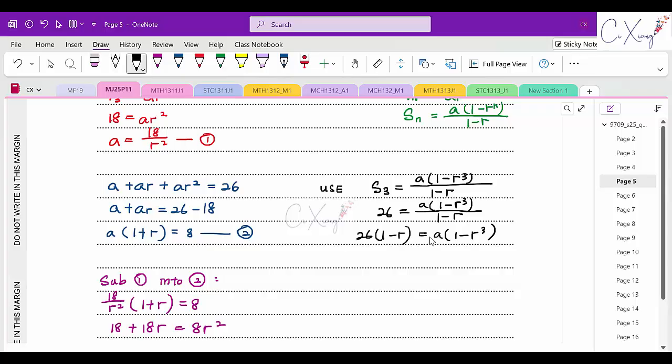But of course, you can still solve it, because according to the marking scheme, they did accept the method here, but they didn't show you how. When you substitute it inside and simplify, you will eventually get a cubic equation, 8R power 3 minus 26R squared plus 18 equals 0.